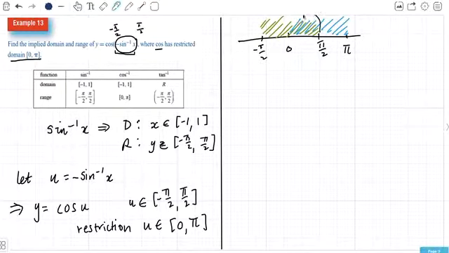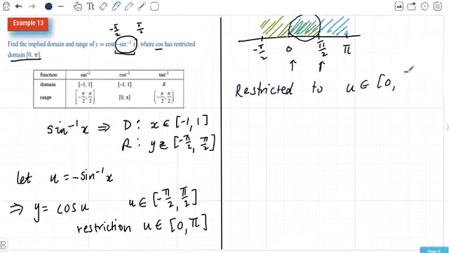You see we've got an overlap just in this section. So u, what's inside here, is only going to be able to be between 0 and pi on 2. That's going to be our real limitation. We are really restricted to u between 0 and pi on 2.